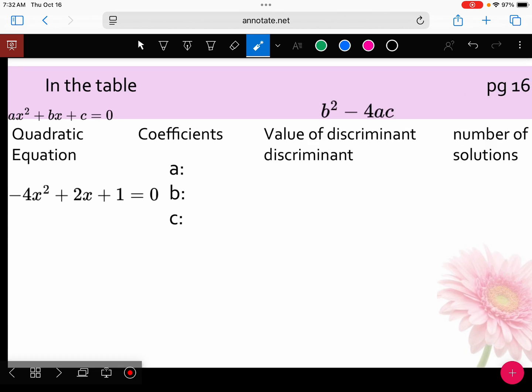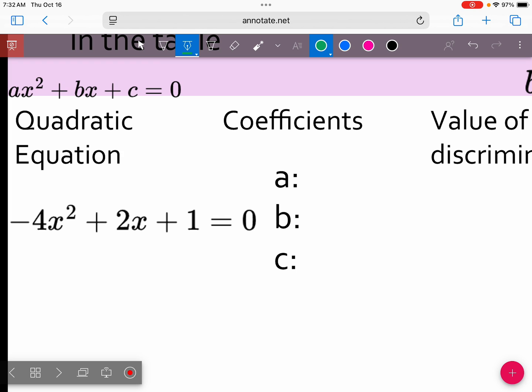What is our A value? What's our A? -4. It's the number in front of our x squared. Yep. Our B is going to be 2.